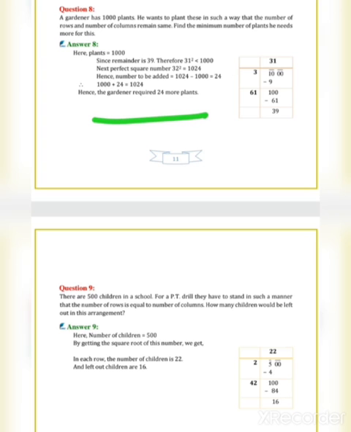So you have to find just 1024 minus 1000, that is 24. So 1000 plus 24, that is 1024. The gardener requires 24 more plants, because we know that if we want to make 1000 a perfect square, we have to add 24 to make that 1000 a perfect square.